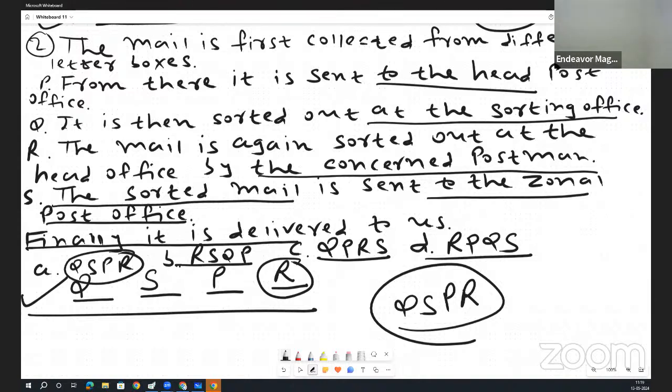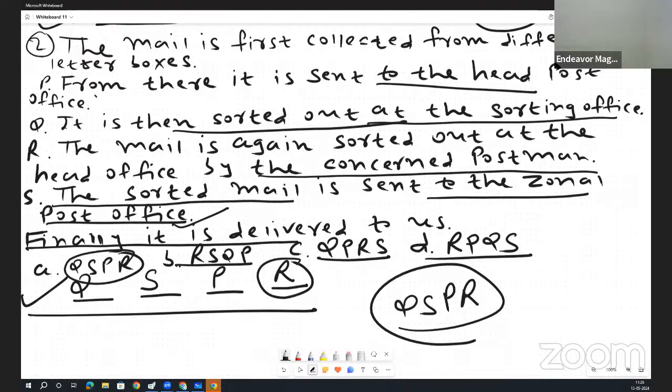Again, students, the question. The mail is first collected from different letter boxes. This is the opening statement. The ending statement is, finally it is delivered to us. Then, students, it is sorted out at the sorting office. Then the sorted mail is sent to the zonal post office, right?